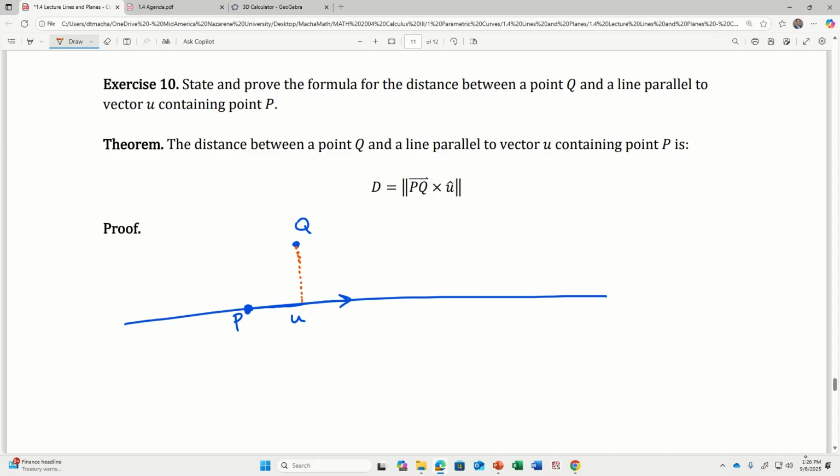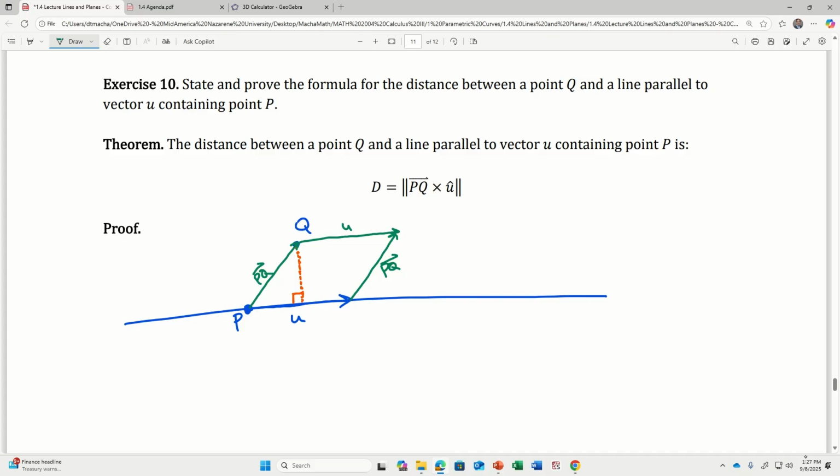Obviously the shortest distance is going to be along a path that is making a 90-degree angle with my line. And then what I need to complete this picture is a vector PQ. That would be not too bad to calculate. And then I'll scooch the same vector PQ over here. And I'm going to scooch the same vector u and make a copy of it right here. And now I have a parallelogram.